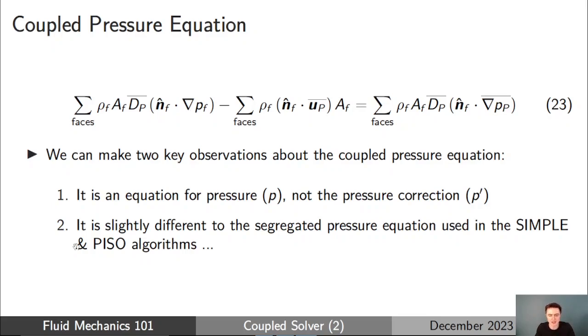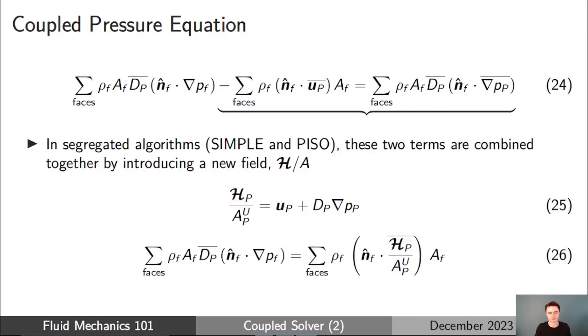And there's a second difference as well between this form of the pressure equation and the pressure equation that you may see in modern implementations of the SIMPLE and PISO algorithms. Even though they will use the pressure directly and not a pressure correction, there are actually some differences between the terms. And this is a really subtle point that I just wanted to highlight for some of you in case you're looking into coupled algorithms in more detail.